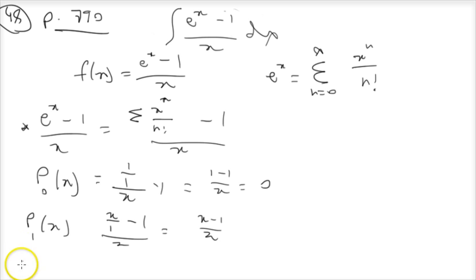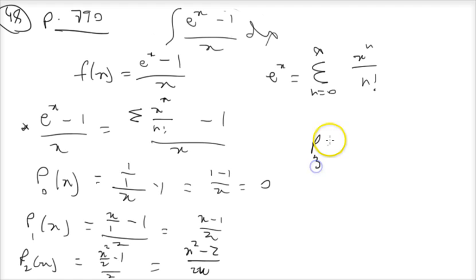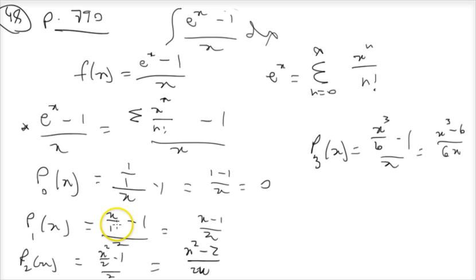The third term would be x squared over 2 minus 1 over x, which we can simplify to x squared minus 2 over 2x. Then we get our fourth term when n is equal to 3, and that will be x cubed over 3 factorial, which is 6, minus 1 over x, and we can rewrite that as x cubed minus 6 over 6x. So we can now see a pattern developing here.